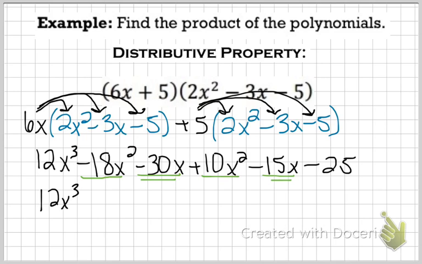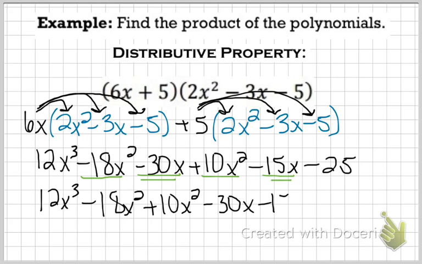So I'm going to put them in that order. Negative 18x squared with a positive 10x squared. Then it's the negative 30x with a minus 15x and then a minus 25. You've done this before. Then you realize that you could combine those. You could also combine those to give us our simplified answer.